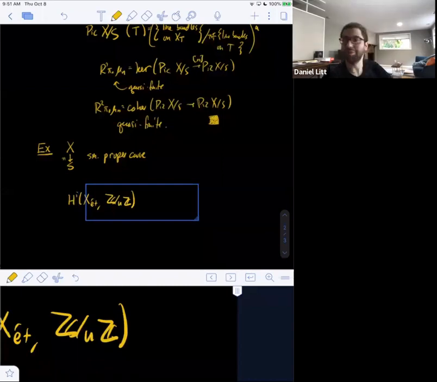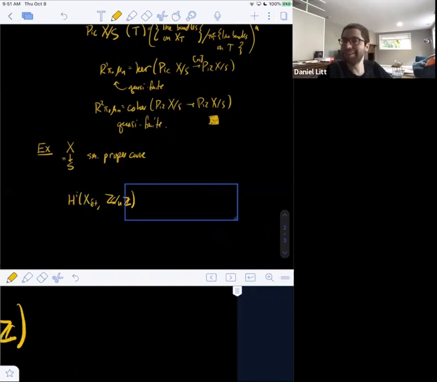So how do you compute this? Can anyone tell me how they would get started thinking about this? Any thoughts?